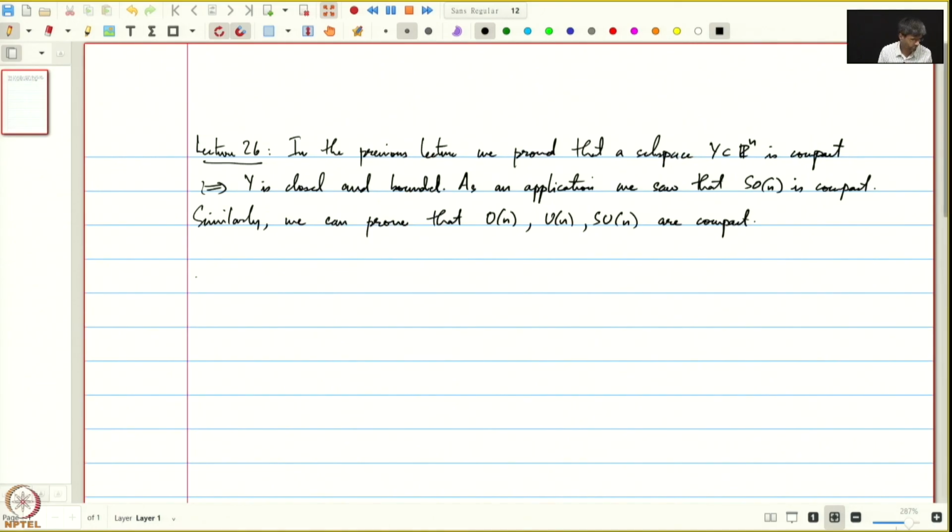So let's begin with this proposition. Let me just write that. So, behavior of compactness with respect to continuous maps.